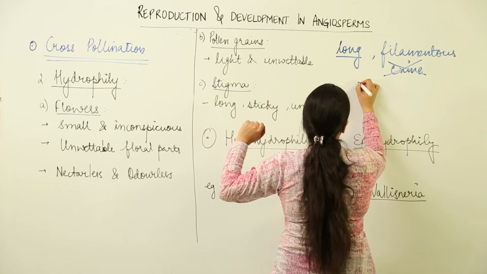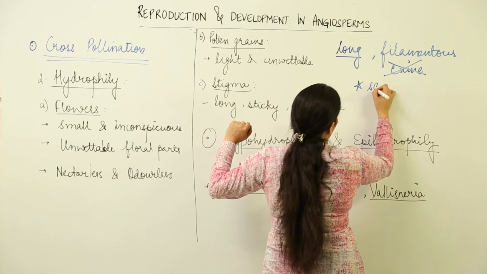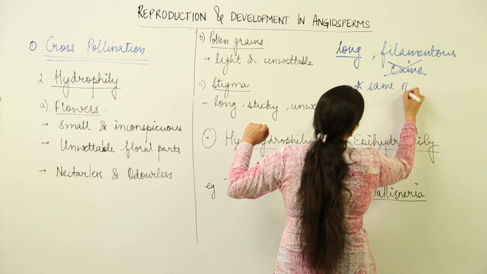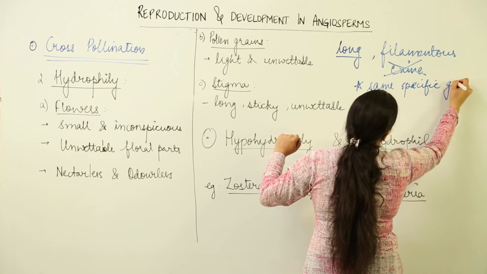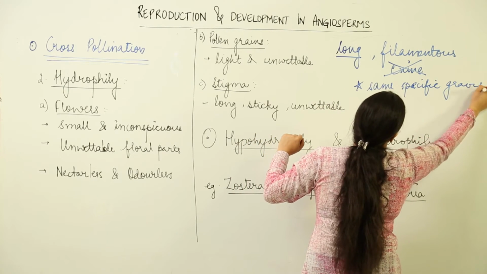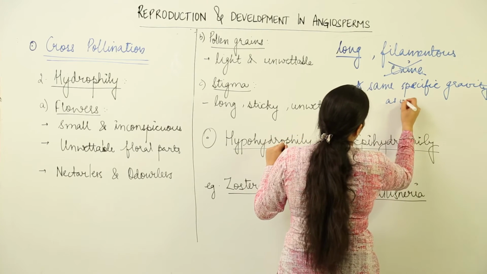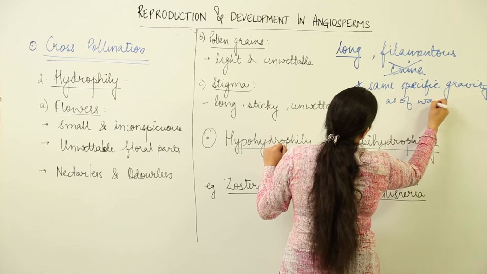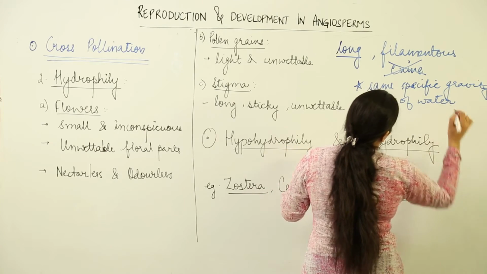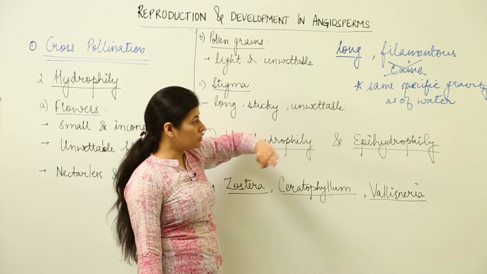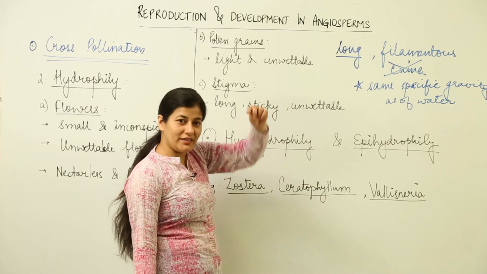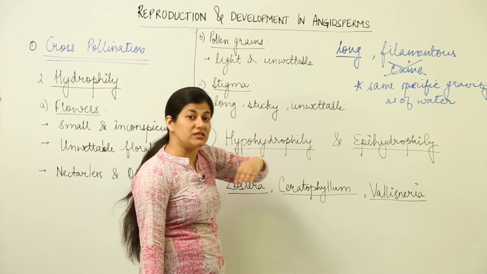And one more characteristic feature is that they have the same specific gravity as that of the water in which they are growing. This could be saline water, this could be fresh water, so they would have the same specific gravity, so that they do not come onto the surface completely, but they remain inside the water, floating as well.